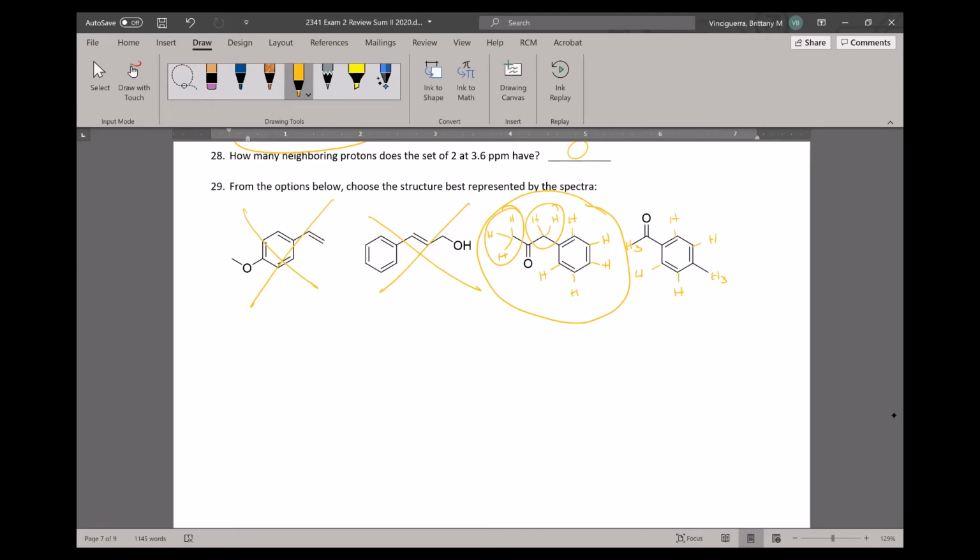So if we had had this structure, we would have had to have a methyl group that was a little further downfield with no neighbors, a methyl group a little less far downfield because it's not next to a carbonyl. They each would have integrated for 3.